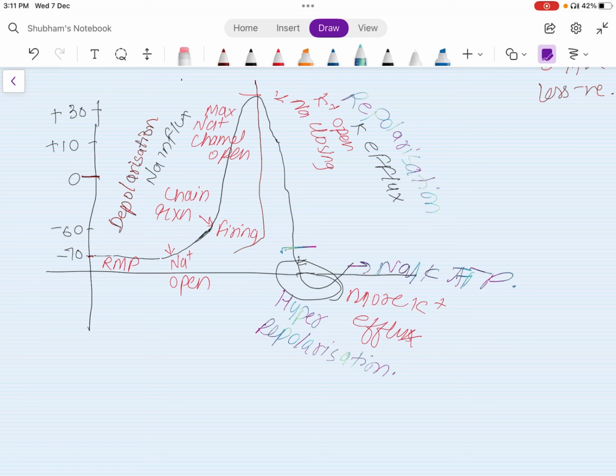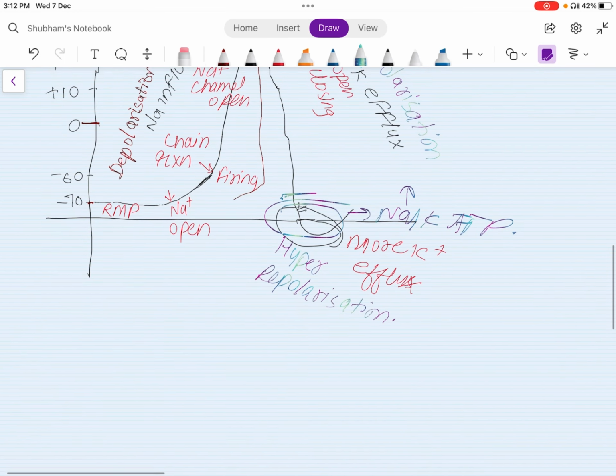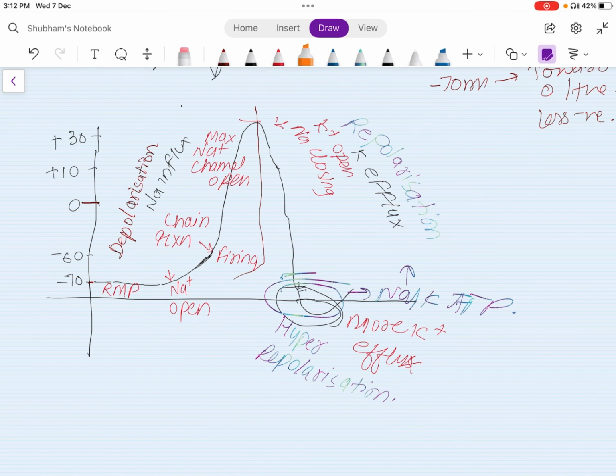Now we have sodium inside the cell, so these will kick the sodium out of the cell. They do this work continuously. This hyperpolarization state will be stabilized by the sodium potassium ATPase.